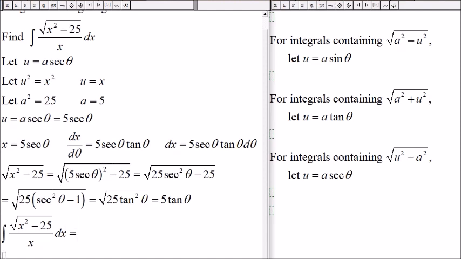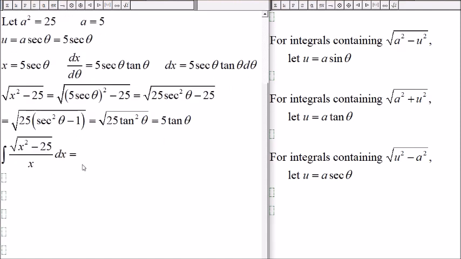So this integral will be the integral of, the square root of x squared minus 25 is 5 tangent of theta. x is 5 secant theta. And then dx is 5 secant tangent d theta.